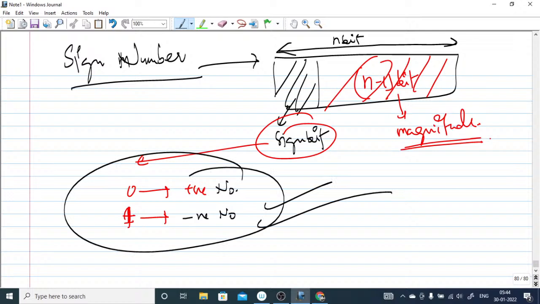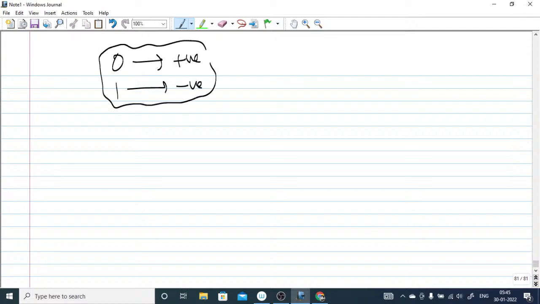So these things you have to keep in mind. If there is a 1 in the sign position, that is a negative number. It is slightly confusing, but you have to accept this concept: 0 means positive, 1 means negative.